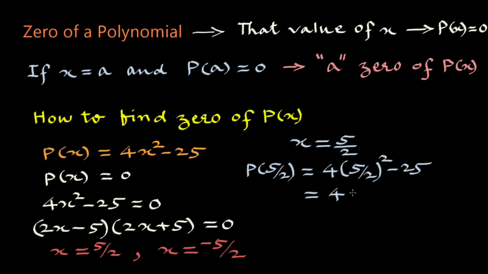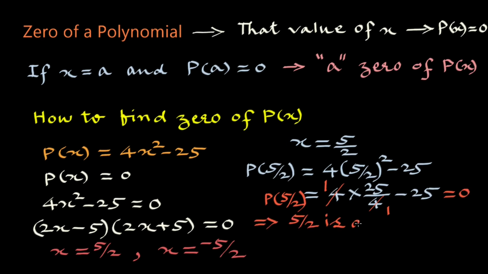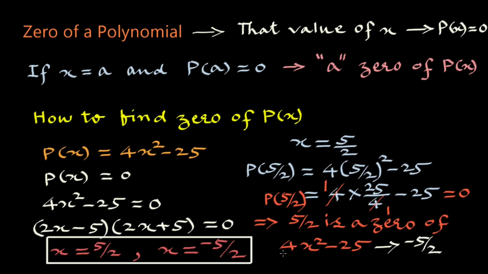That will be 4 into 25 upon 4 minus 25, giving us p(5/2) equals 0, implying 5 upon 2 is a zero of polynomial 4x square minus 25. So is minus 5 upon 2. So 5 upon 2 and minus 5 upon 2 are two zeros of 4x square minus 25.